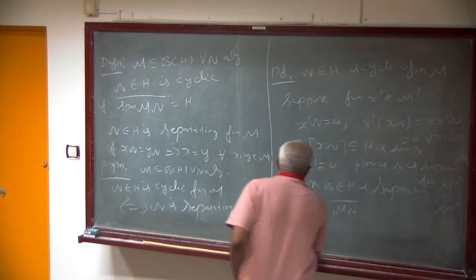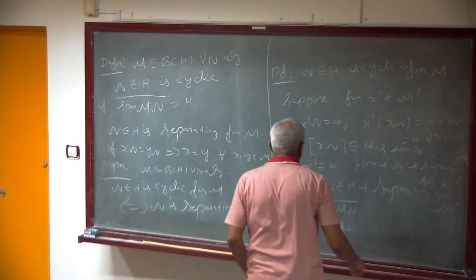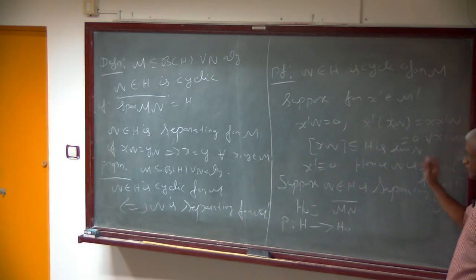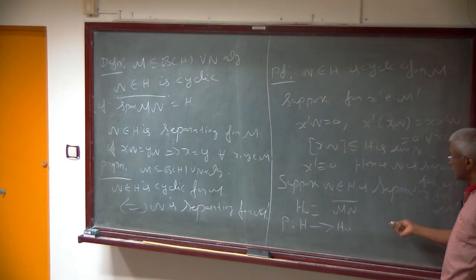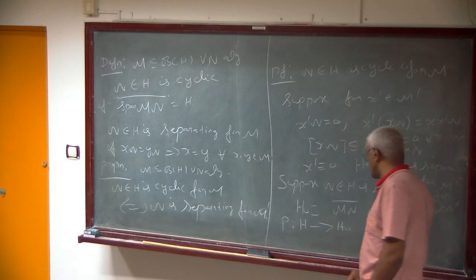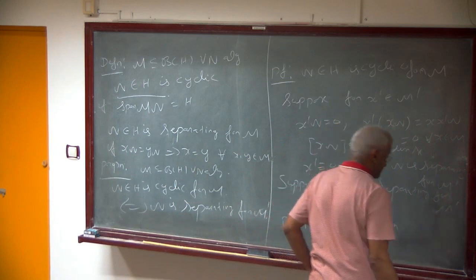So let P be the projection. We assume omega is separating for M prime. We want to prove omega is cyclic for M. So we have this H naught. We want to prove H naught equal to H. So we want to prove this P is 1. This is the projection, we have to prove this is equal to 1.